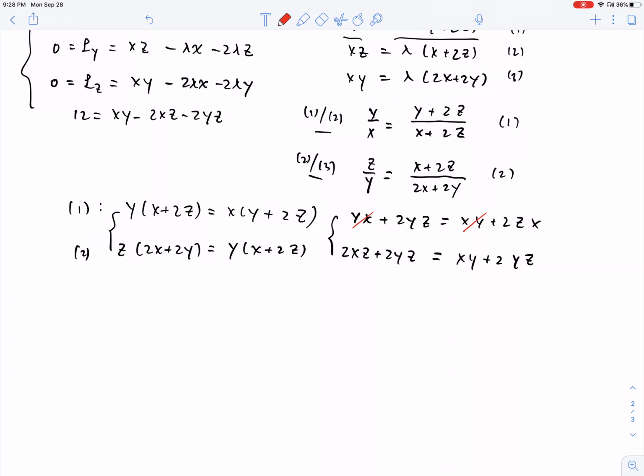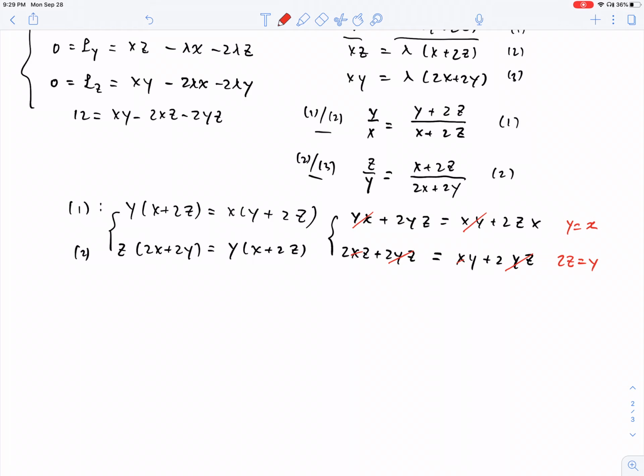So from the first one, we have y is equal to x, right? And from the second one, 2yz and 2yz can cancel, and x can cancel. So we have 2z is equal to y. That's not bad.